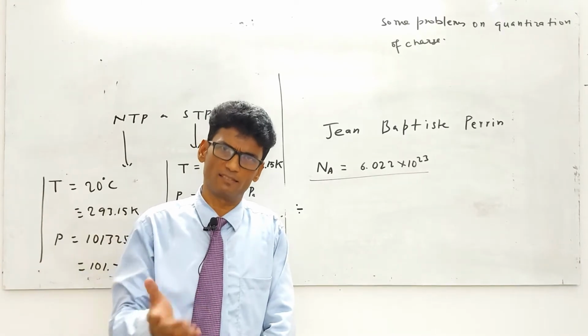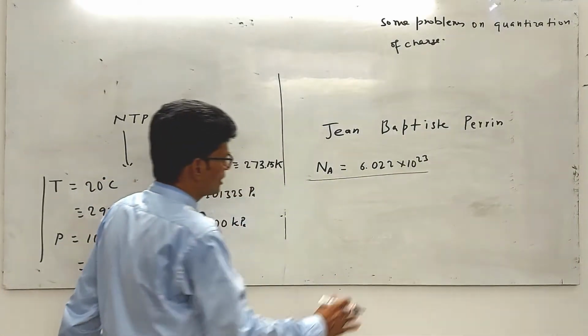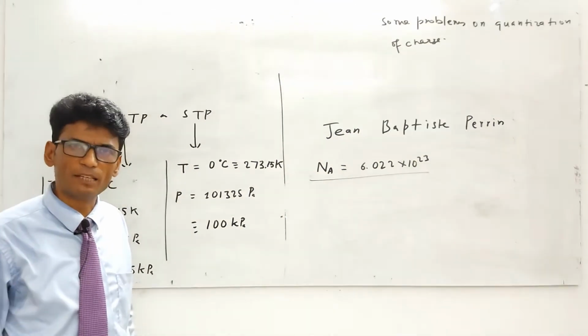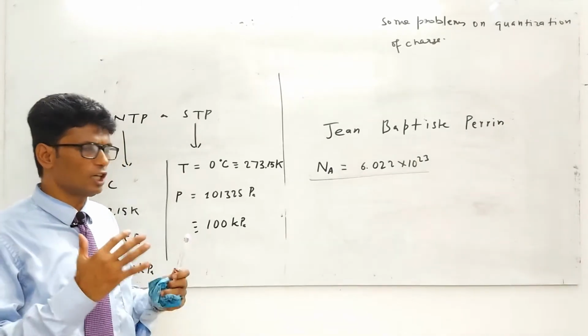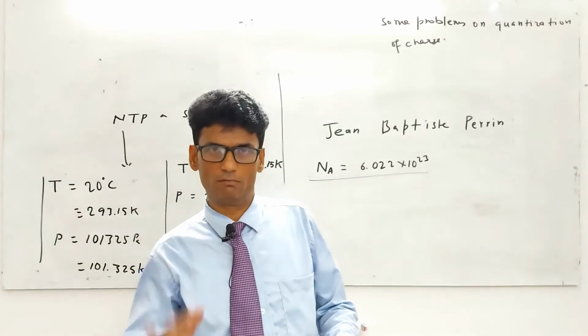However, well before the discovery of the charge of electron, or the value of e by Millikan, the charge of 1 mole of electrons was well known.